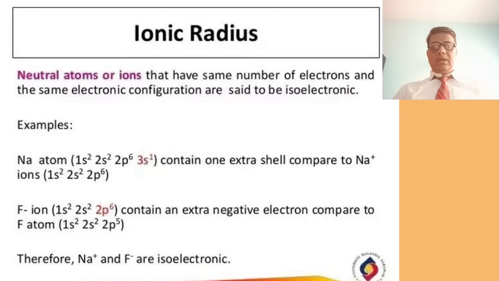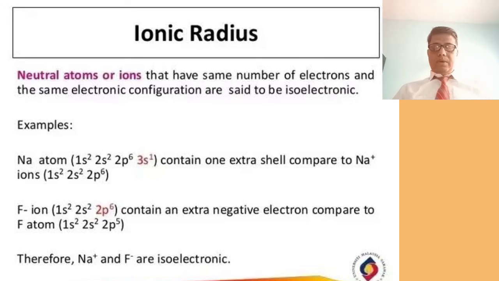Then we saw the trends of ionic radius, that is, how cations are formed as positively charged ions and how anions are formed as negatively charged ions. Then what are the trends? Ionic radius decreases across a period, and down a group it increases.